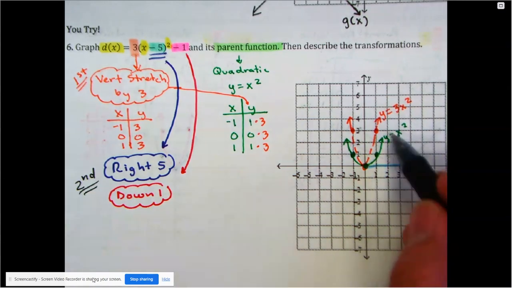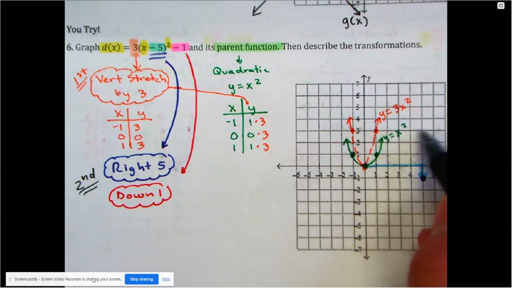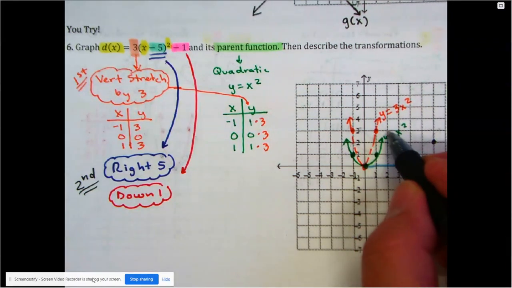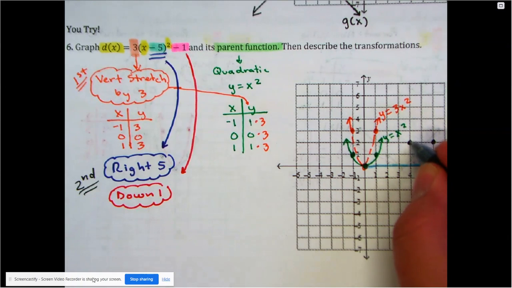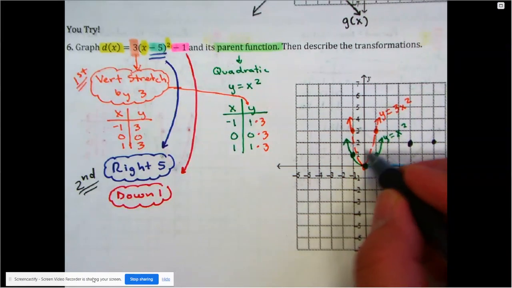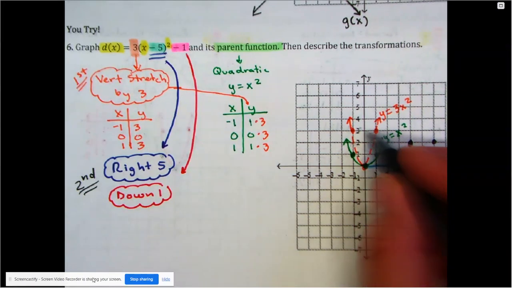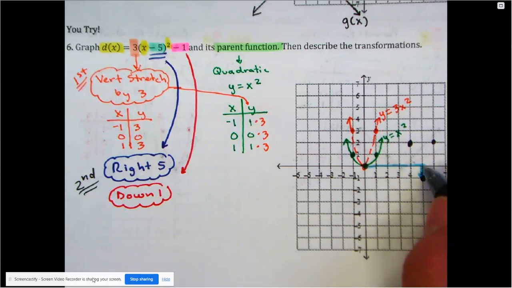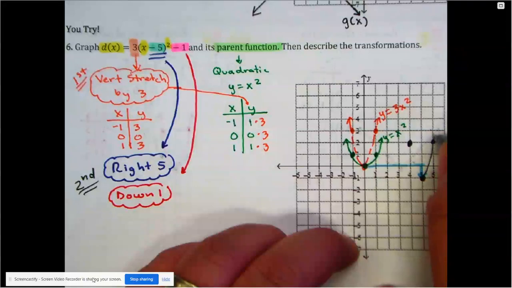And now remember, you can just move these 1, 2, 3, 4, 5, down 1, and down 1. The other option was, look, you could go up 3 from the vertex and then go 1 to each side. 1, 2, 3, 1 on each side. But anyways, here it is.